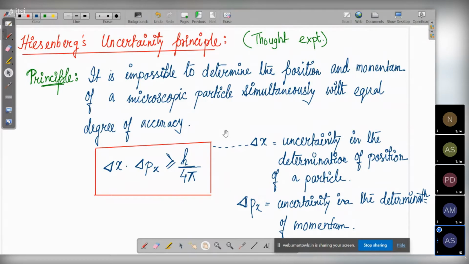The minimum error that will come in your calculation is h by 4 pi. This is the value of the minimum error. It can be even greater than this also. But a minimum error of h by 4 pi will always come in your calculation if you want to determine the position and momentum of this particle simultaneously. That's why in Bohr's theory you are getting a drawback also: Bohr's theory does not follow the Heisenberg uncertainty.